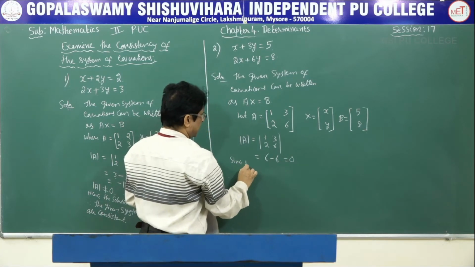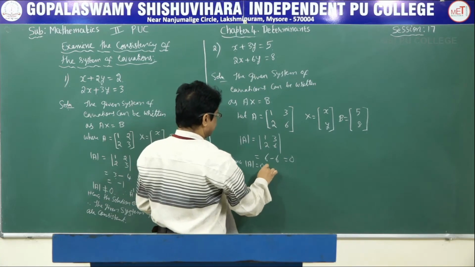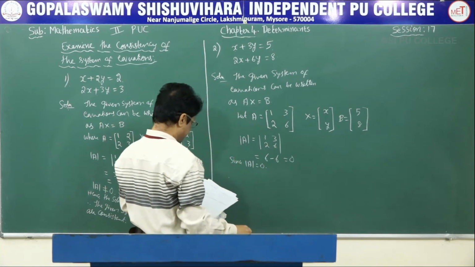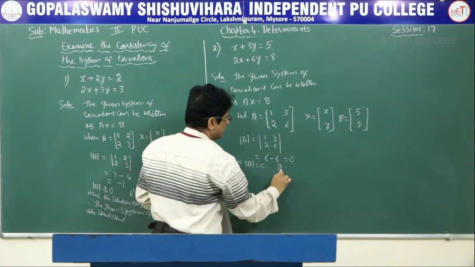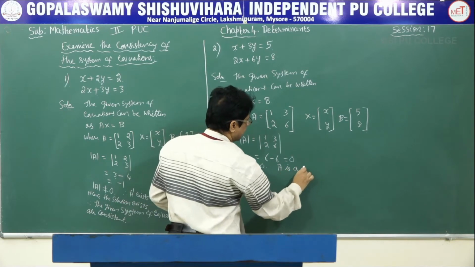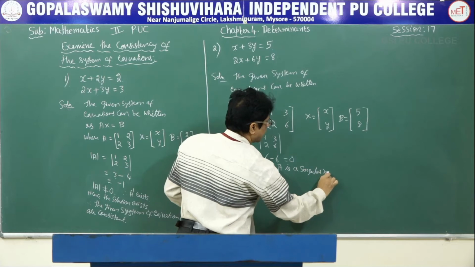Since determinant of A is equal to 0, A is a singular matrix.